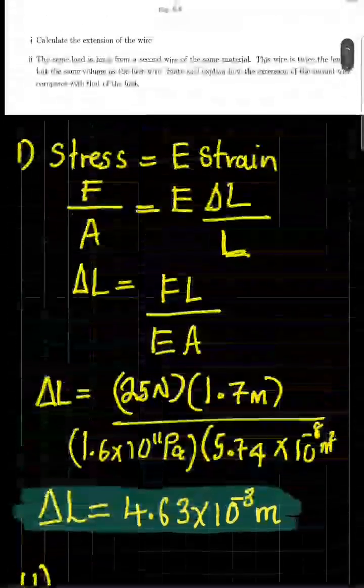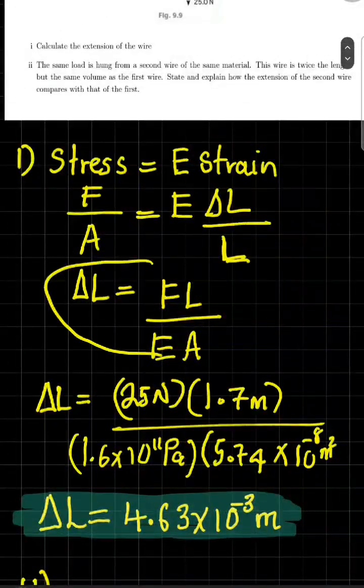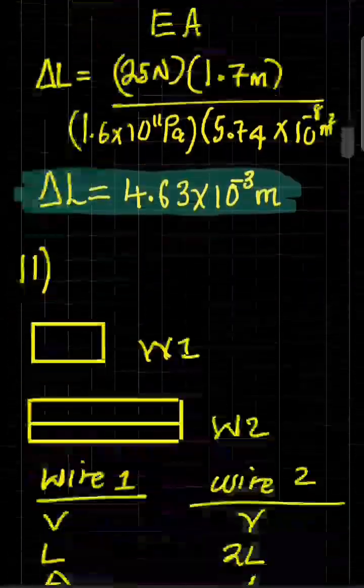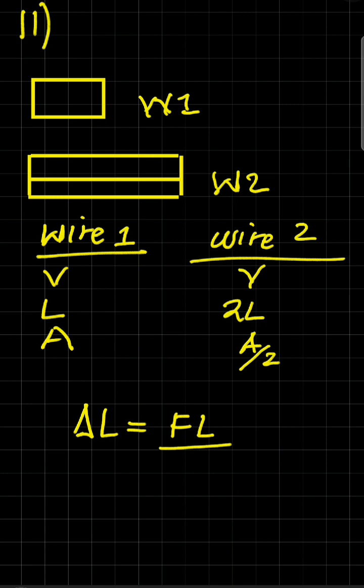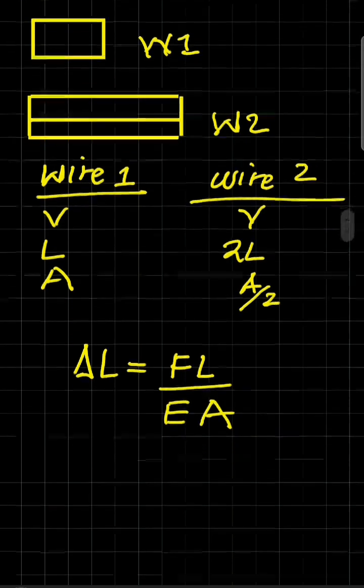So now we can use this relationship over here to help us determine the relationship between the extension of the second wire and that of the first wire. Okay, so we know the extension is equal to the force times the initial length divided by the Young's modulus multiplied by the cross-sectional area.